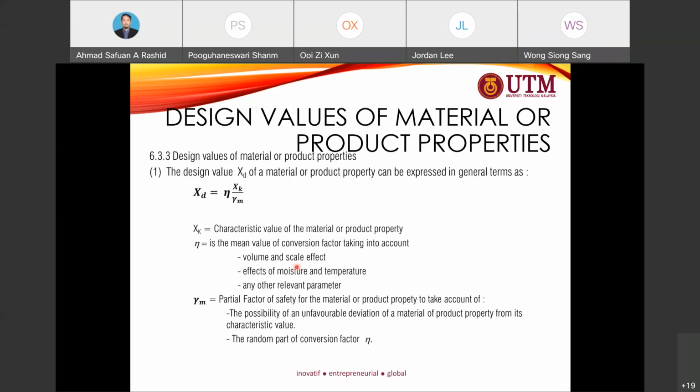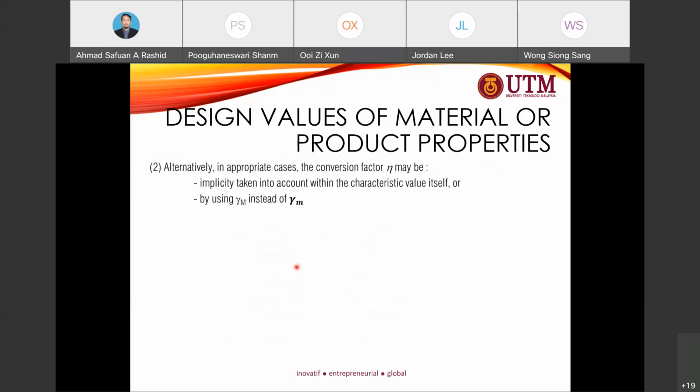Normally related to scale effect. Alternatively, in appropriate cases, the conversion factor may be implicitly taken into account within the characteristic value or by using gamma n instead of gamma m.